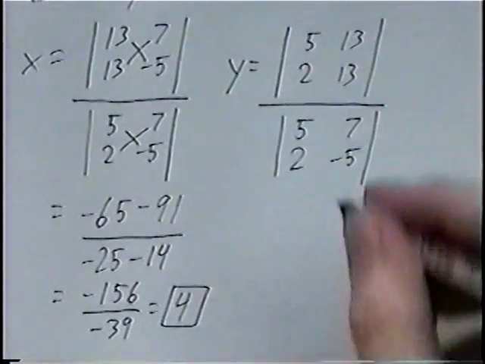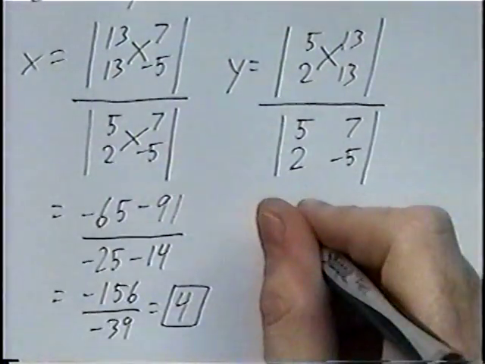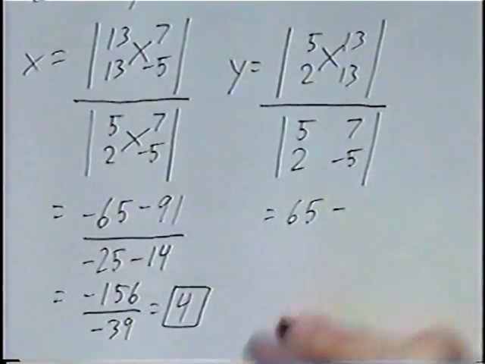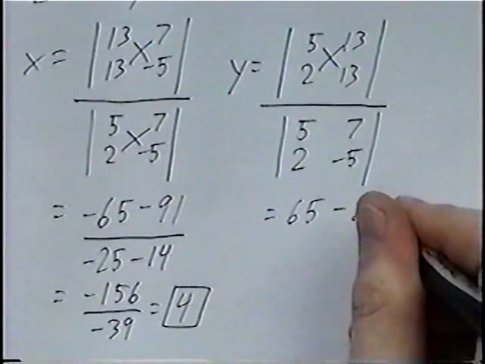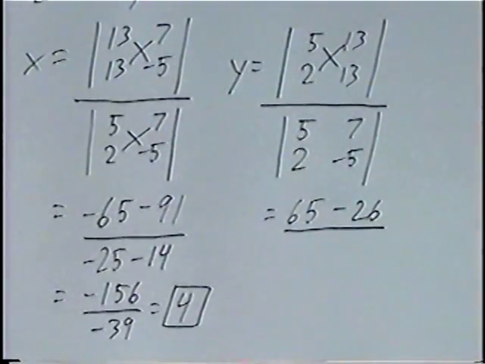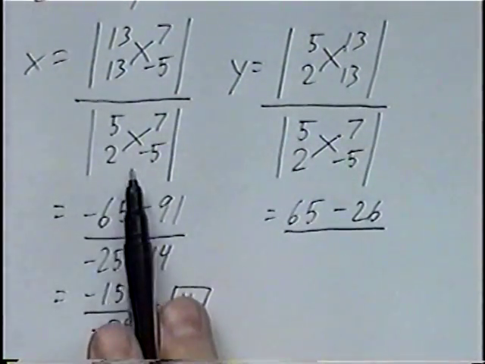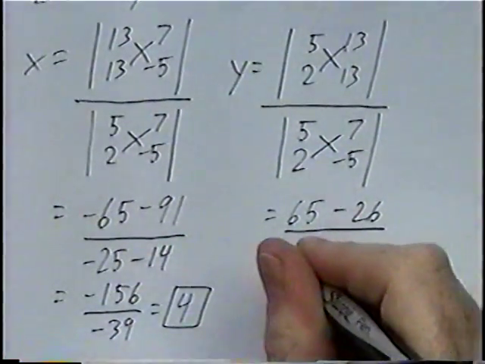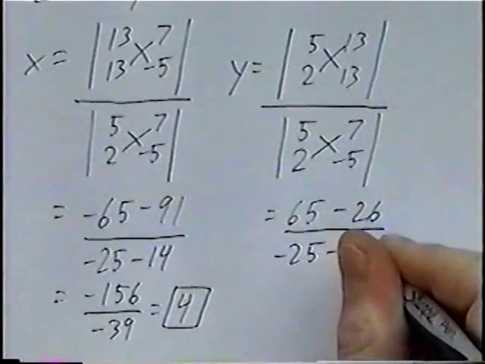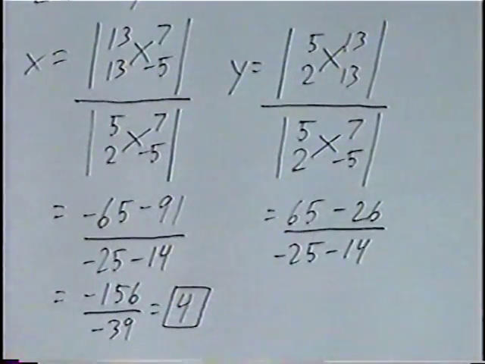Solving y, for the numerator, we find the determinant would be 5 times 13, which would be 65, minus 2 times 13, which is 26, divided by the determinant of the y, which is the same as the denominator for the x, which would be negative 25 minus 14. 5 times negative 5 and 2 times 7.